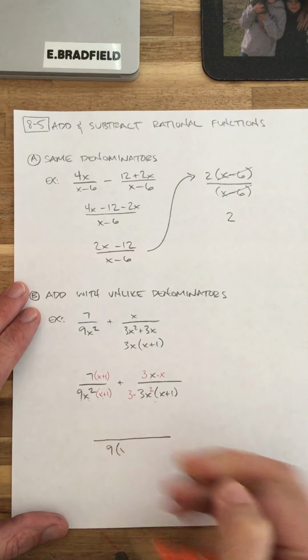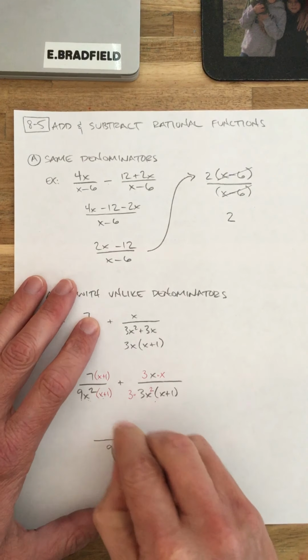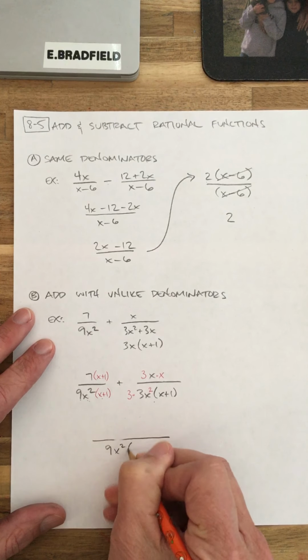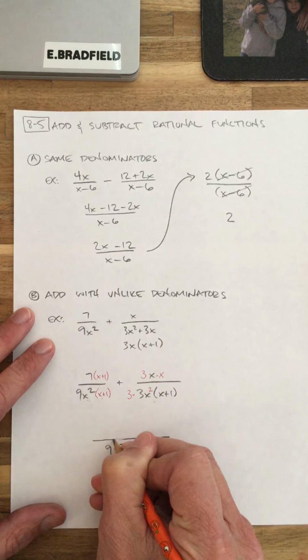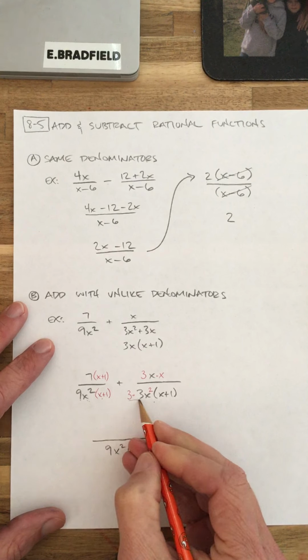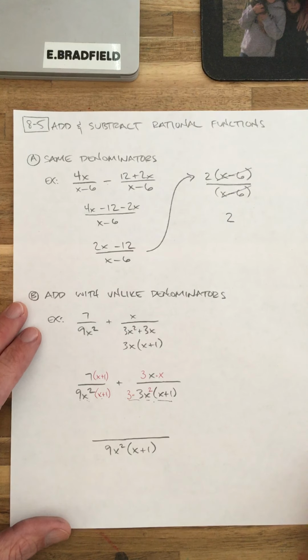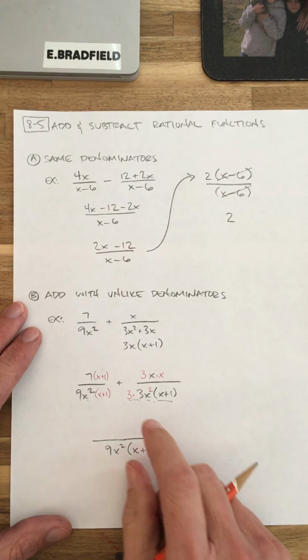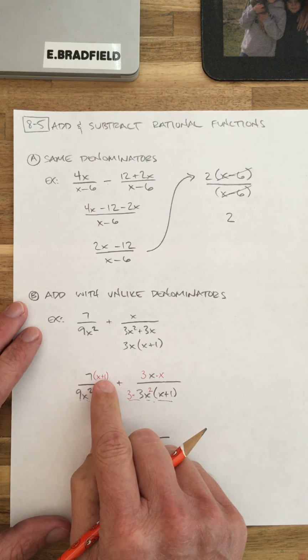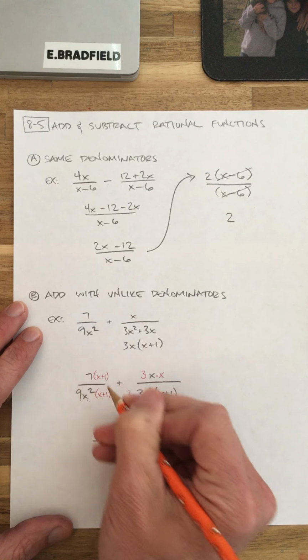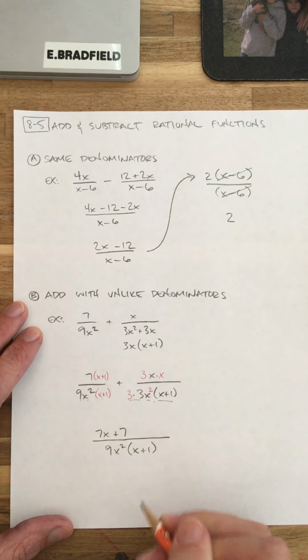9x squared times x plus 1, okay? It's the same over here. 9x squared times x plus 1. It's the same thing, okay? It should be, it better be, okay? And now in the numerator, we have a 7 times an x plus 1. So that's 7x, distribute, plus 7, okay?